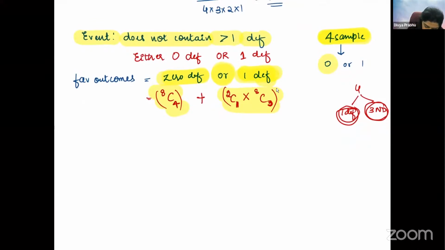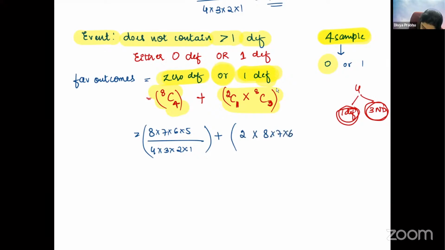On solving this, 8, 7, 6, 5 divided by 4, 3, 2, 1 plus 2C1, which is 2 into 8, 7, 6 divided by 3 factorial. Solve this, you will get 70 plus 112, which is 182. This is what you will get as favorable outcomes.